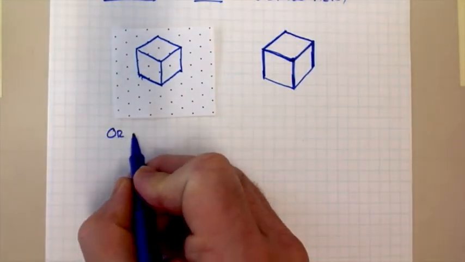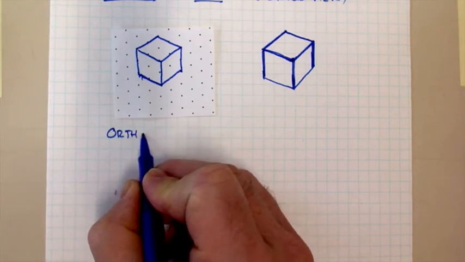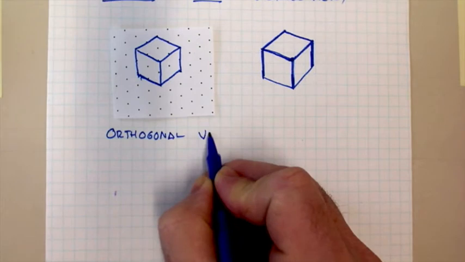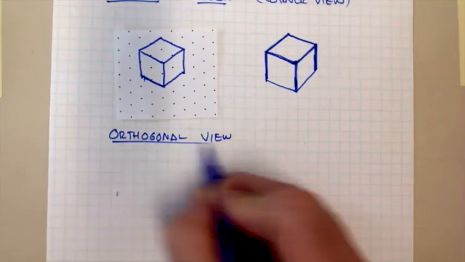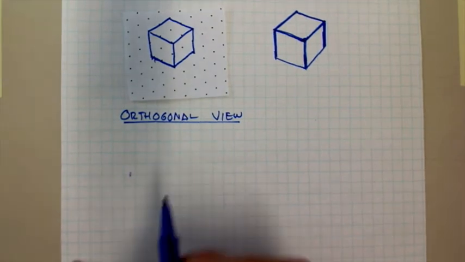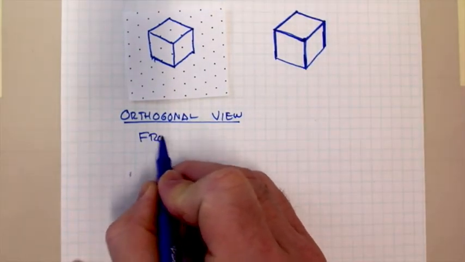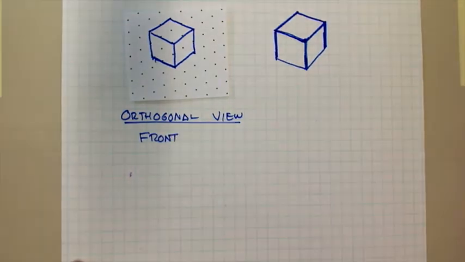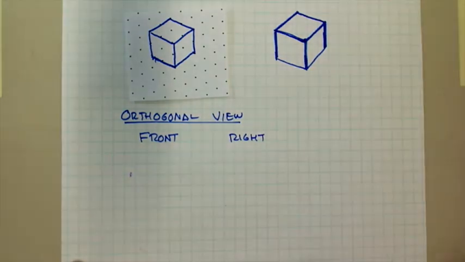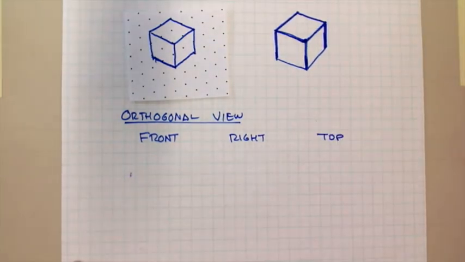Now, what I want you to do is let's go ahead and do what's called an orthogonal view. Okay? In an orthogonal view, we always draw 3 views. We always draw this as if we're looking at it from the front. We draw it as if we're looking from the right, and we draw it as if we're looking from the top.